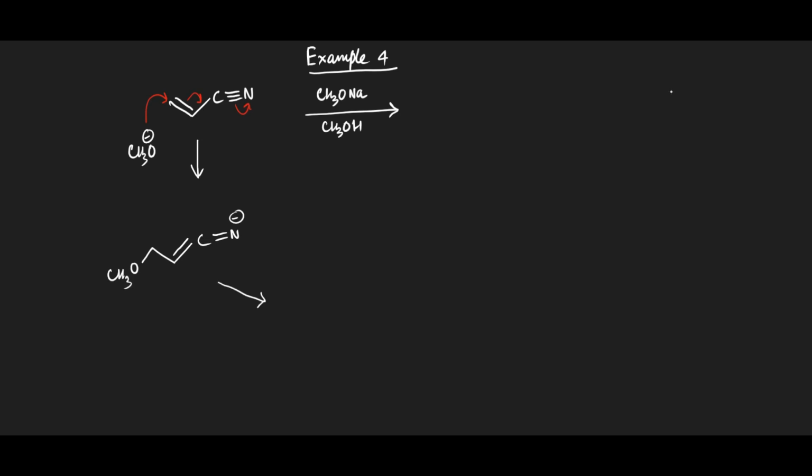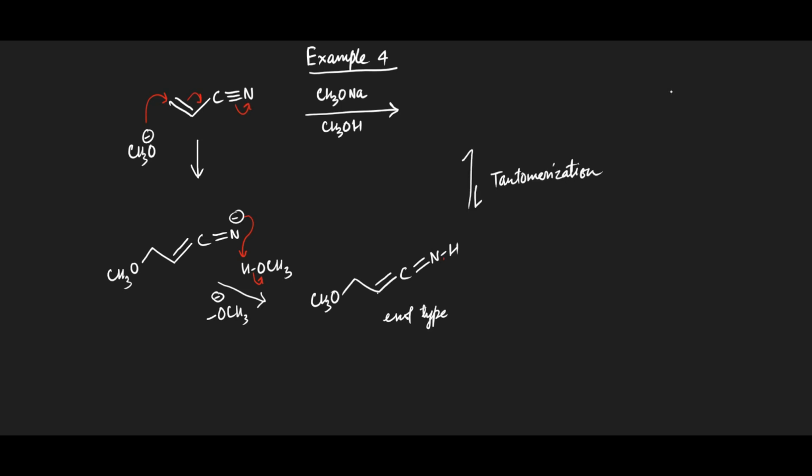This is then protonated on nitrogen to form an enol-type compound, which then tautomerizes to reform the C≡N triple bond.